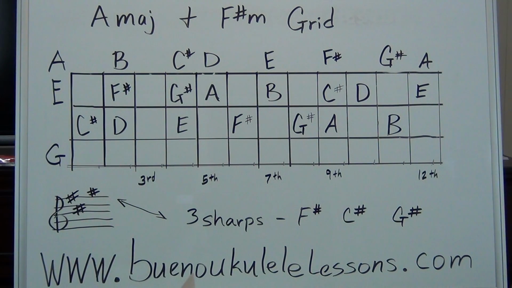First of all, this is the grid for the A major scale or A major key and F sharp minor.